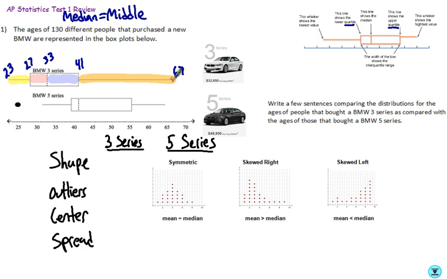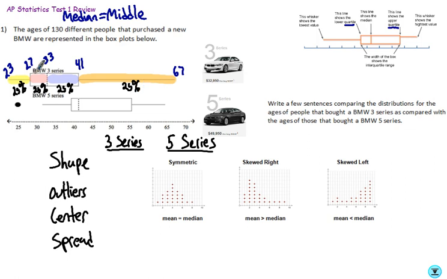All it means is that it's more spread out. So each section contains 25% of the group. 25% of the group is in that section, 25% is in that section, 25% in that section, and then 25% in that section. So again, if a section is bigger, it doesn't mean that there's more people in that group. It just means that group is more spread out.